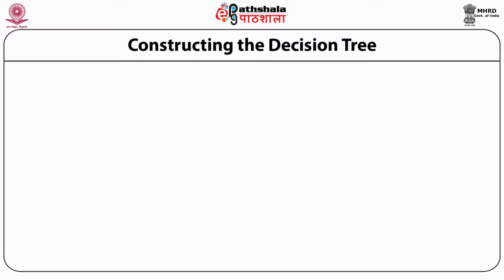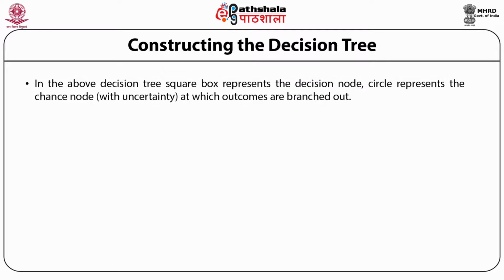So in this slide, I have mentioned the complete process of constructing the decision tree. As you can observe in the above decision tree, the square box represents the decision node, and the circle represents the chance node. Chance node means an uncertainty.